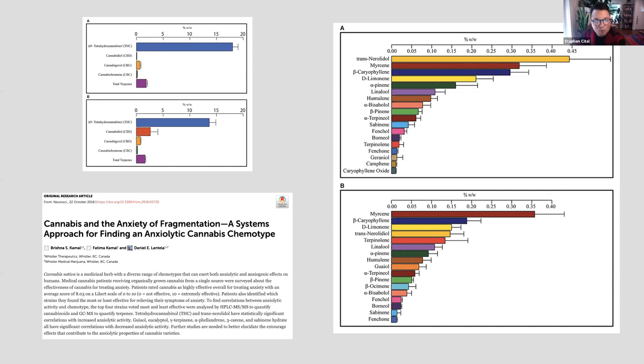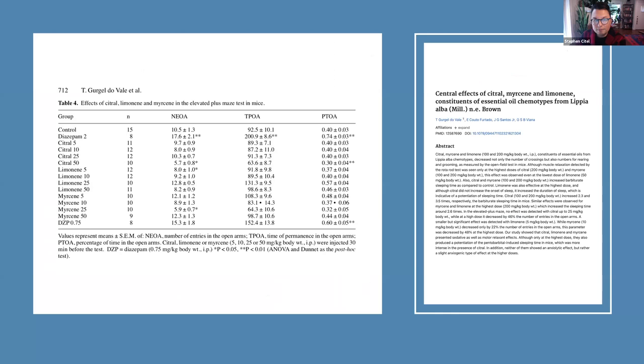So it is important, if you're not having success for a particular condition with a particular profile, to try other profiles, because there are going to be nuances in these ratios for certain diseases.